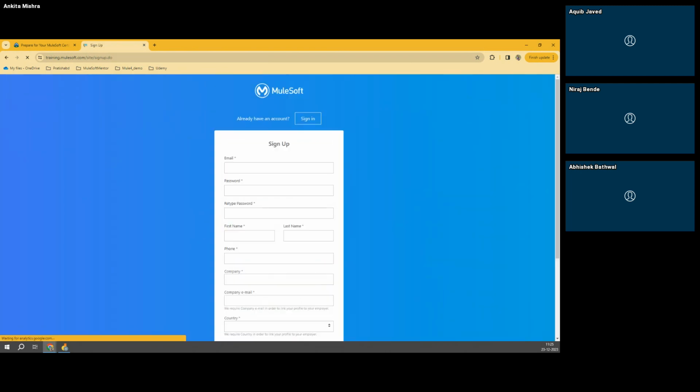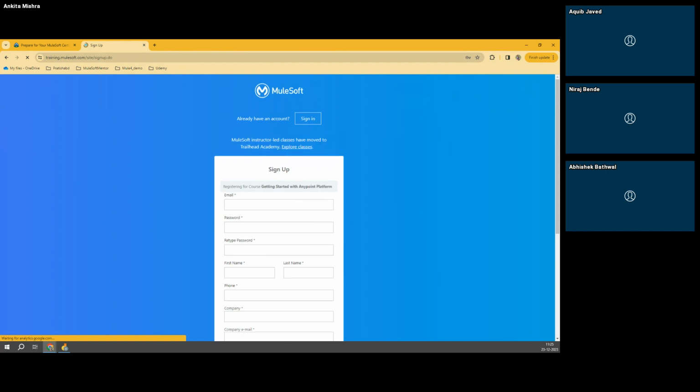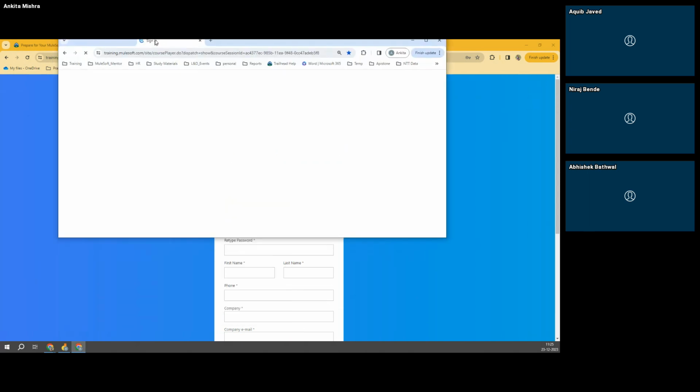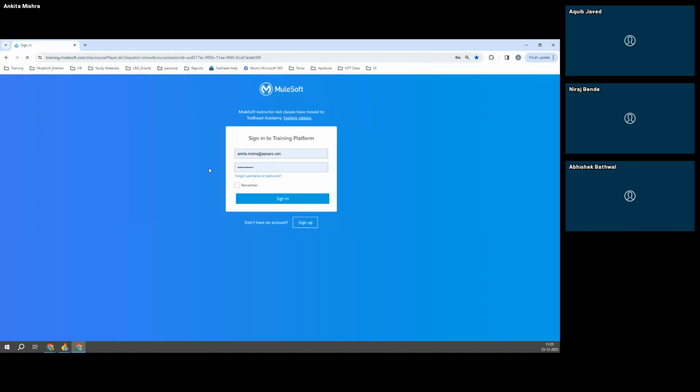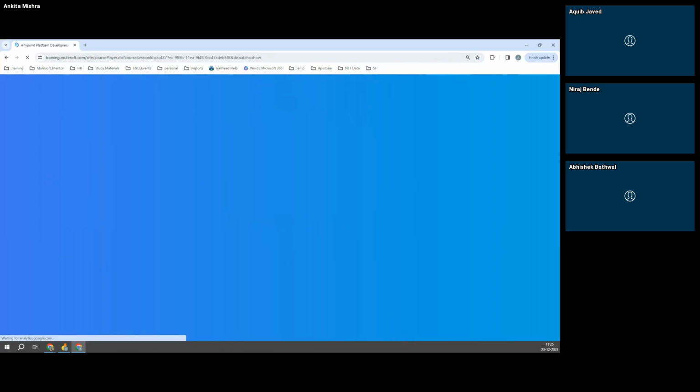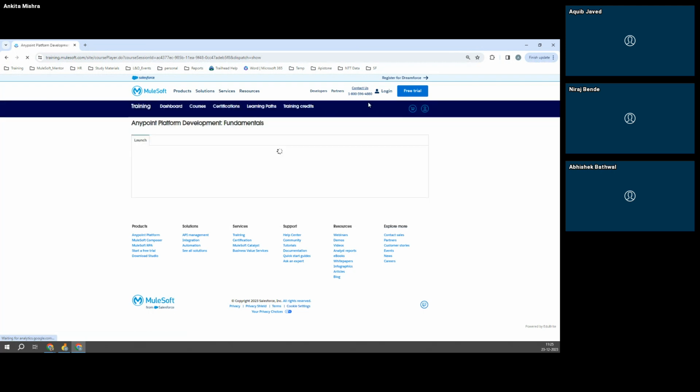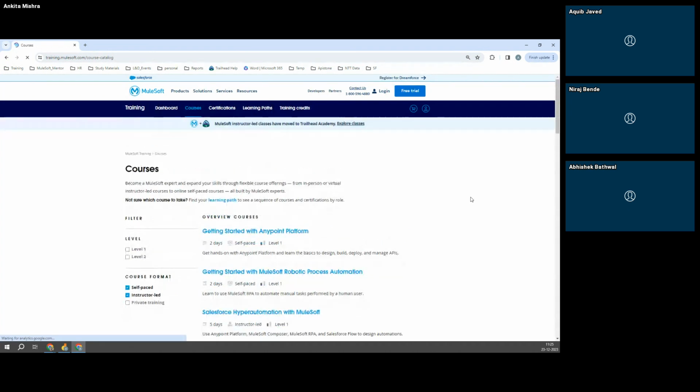Let me quickly take you through it. I don't want to waste our time. I'll quickly open my logged-in page. So this is how the logged-in page would look. This is the course that we are talking about: Getting Started with Anypoint Platform. If you open it, it has 5 modules in total.